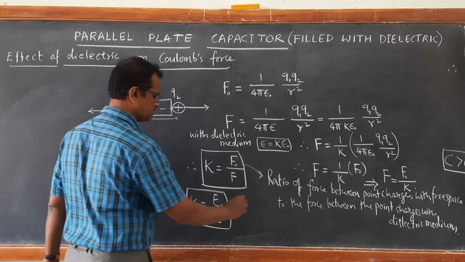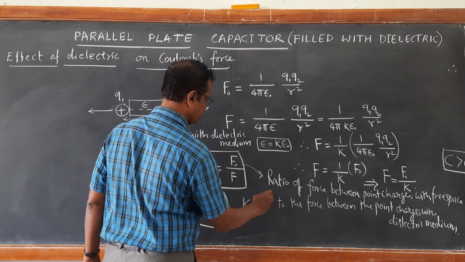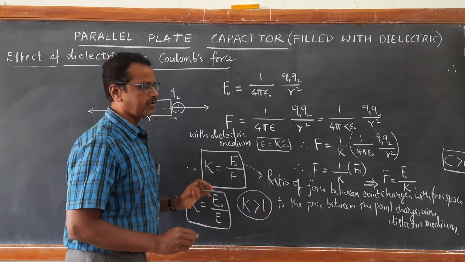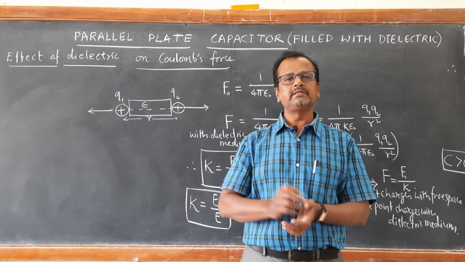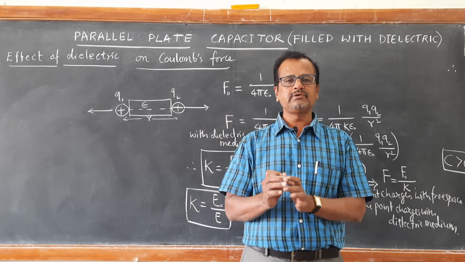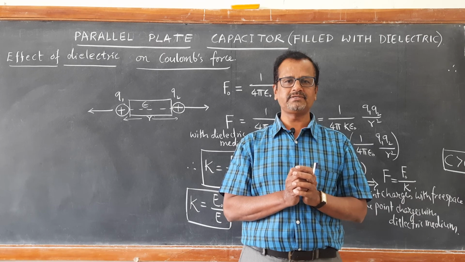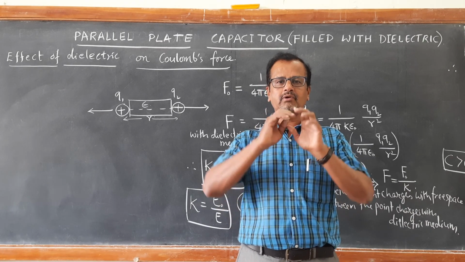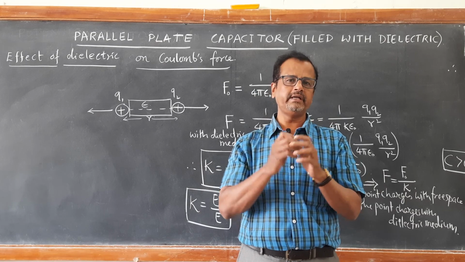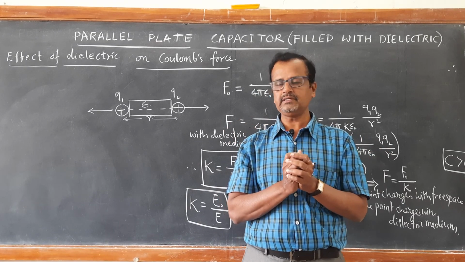So remember, this dielectric constant is always greater than 1. Since we have derived this for the case of parallel plate capacitor, this is generalized for all the types of capacitors, whether it is a cylindrical capacitor or spherical capacitor or any other type of capacitor.